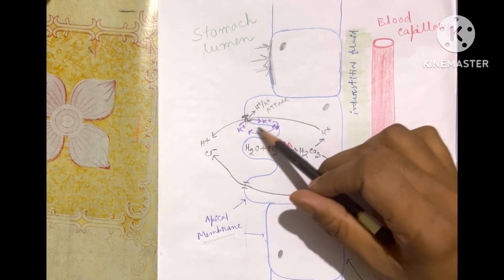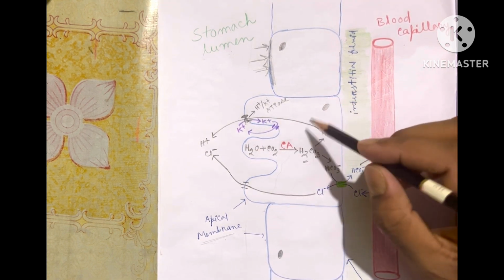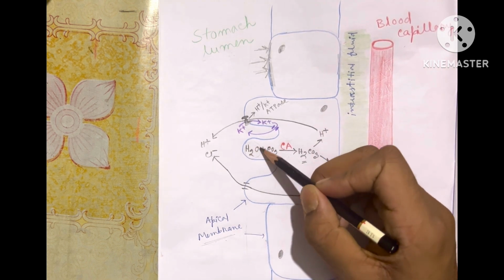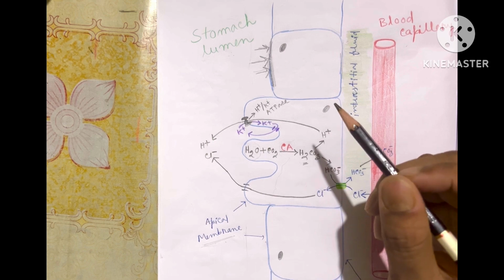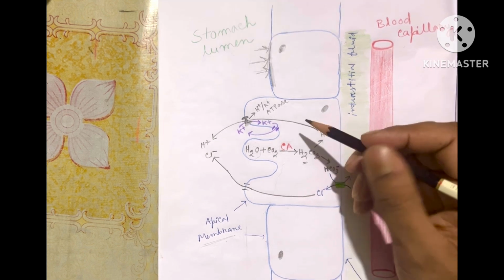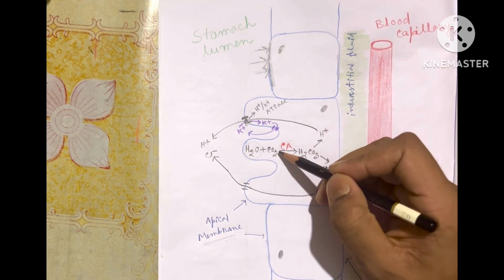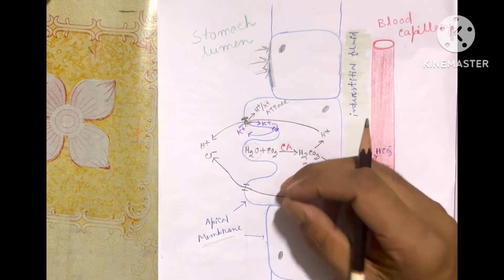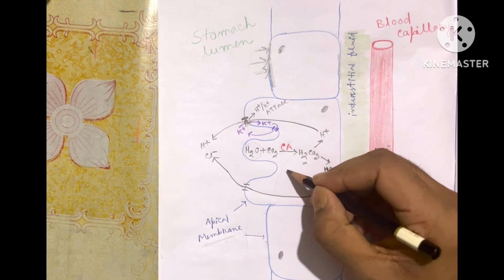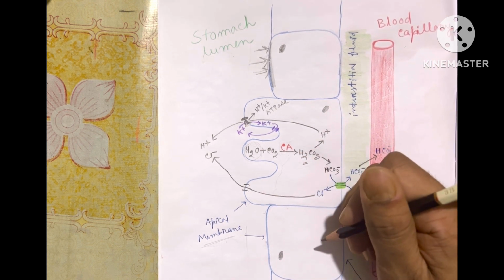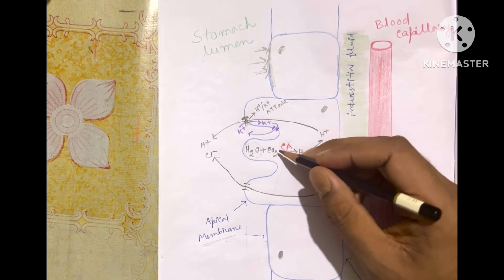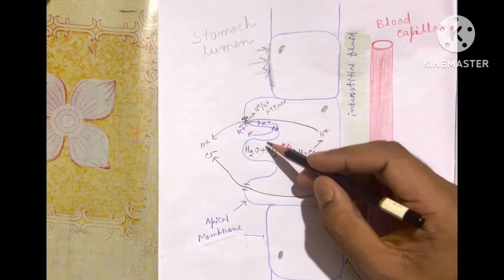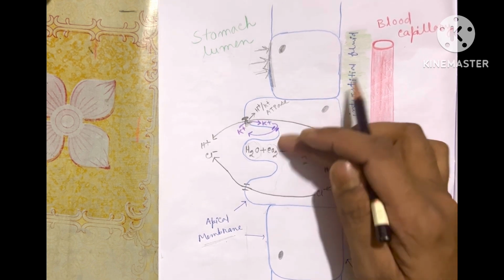In the case of formation of HCl, first you need to understand that inside our parietal cell we have water molecules. As we know, each and every cell of our body contains water. So this is a water molecule, and the parietal cell is one kind of stomach luminal cell. Inside that cell metabolic processes take place, and during that metabolic reaction lots of carbon dioxide will be generated, and cellular respiration also generates carbon dioxide.